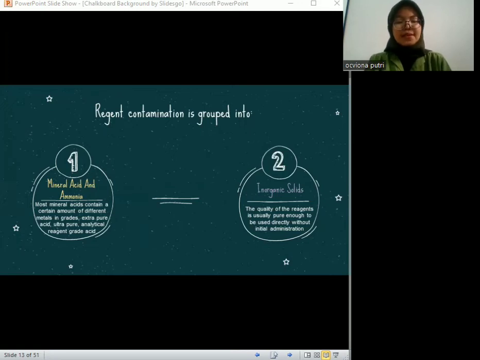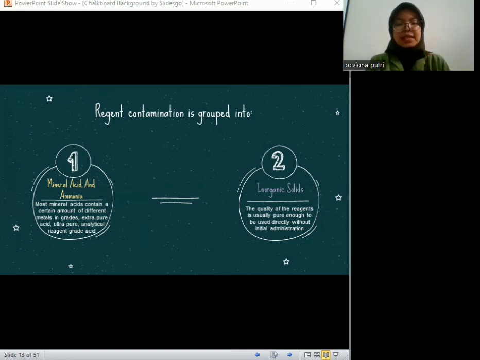Most mineral acids contain a certain amount of different metals. Even with pure acid and ultra pure analytical reagent grade acid, an ammonia solution in water placed in a glass bottle will be contaminated by silica, aluminum, calcium, and other elements from the glass container.